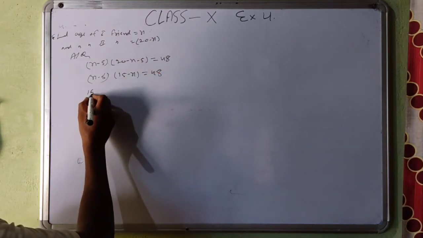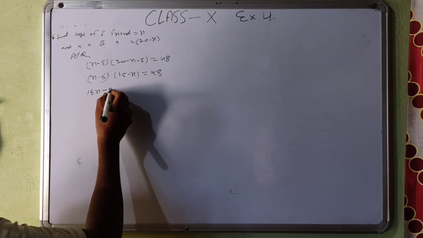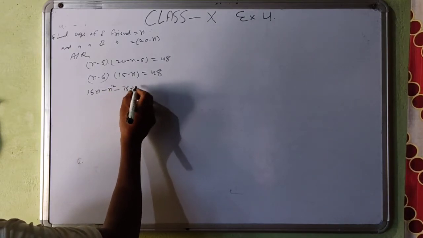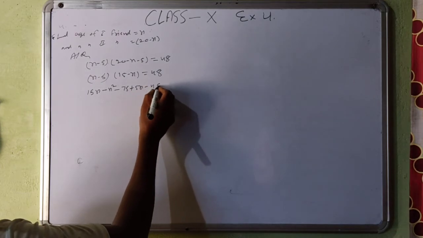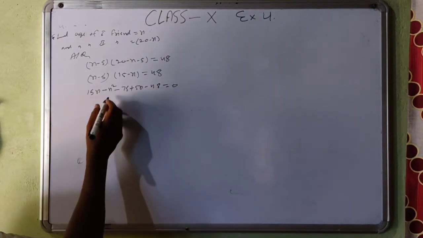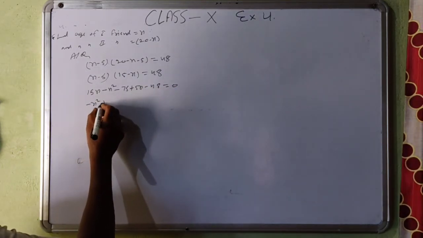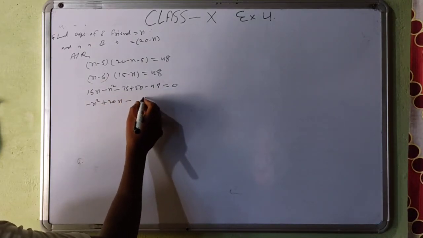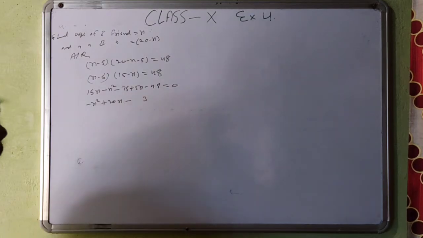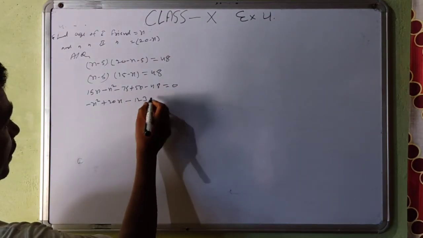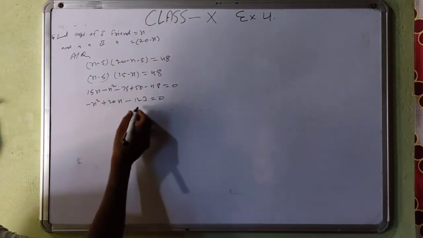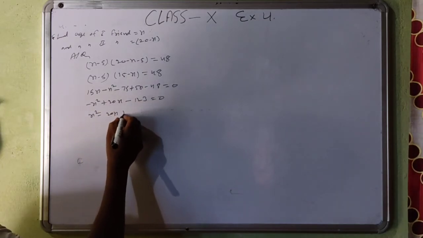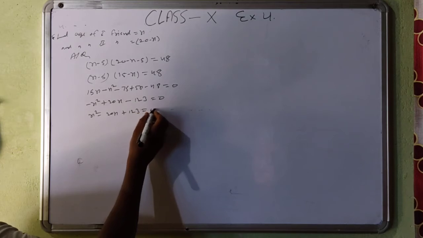Then 15x minus x square minus 75 plus 5x minus 48 is equal to 0, so minus x square plus 20x minus 123 is equal to 0. Change the sign because this is minus. So x square minus 20x plus 123 is equal to 0.